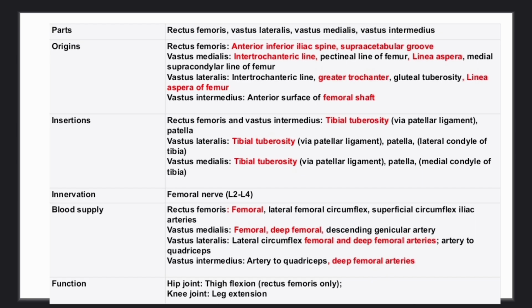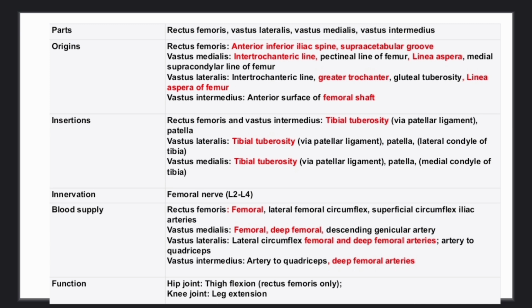So let us discuss the four muscles of the quadriceps femoris group. First is origin. Rectus femoris originates from the AIIS, that is the anterior inferior iliac spine, and the area above the acetabulum, that is also known as the supra-acetabular groove.